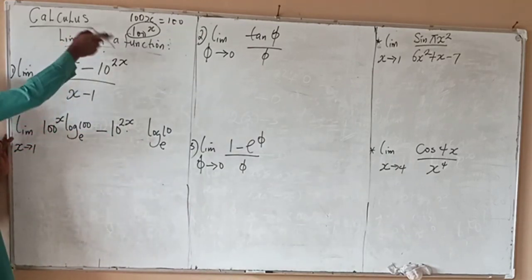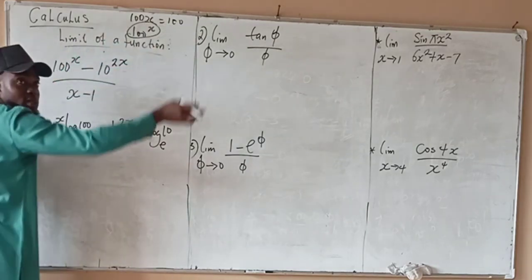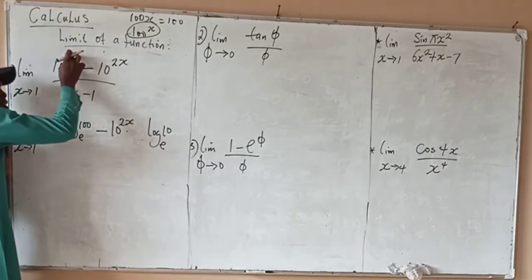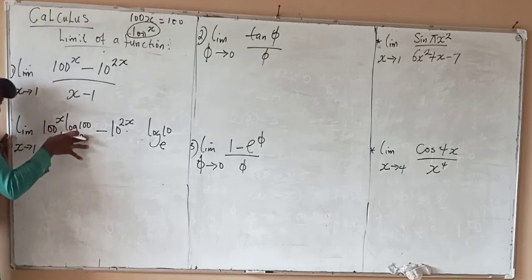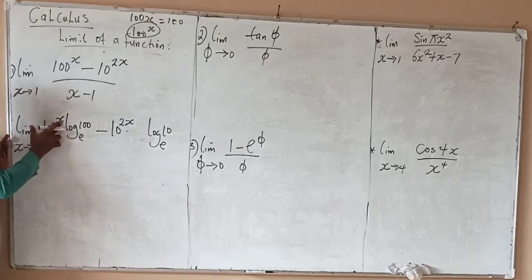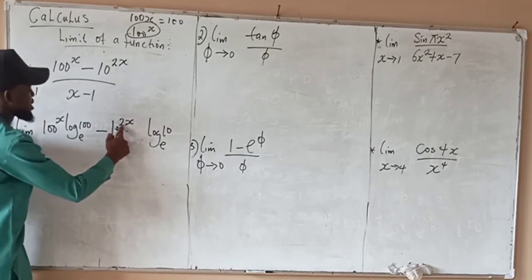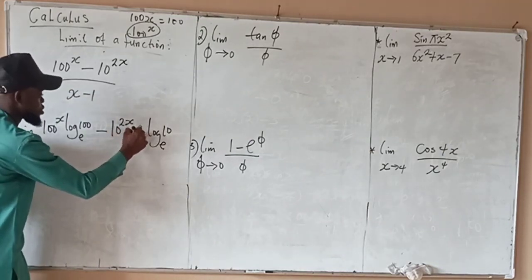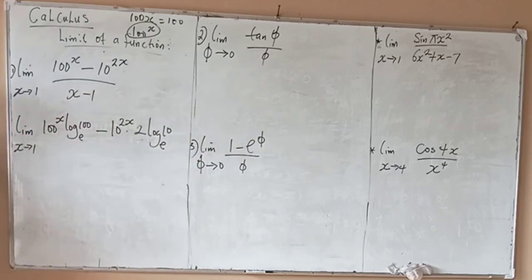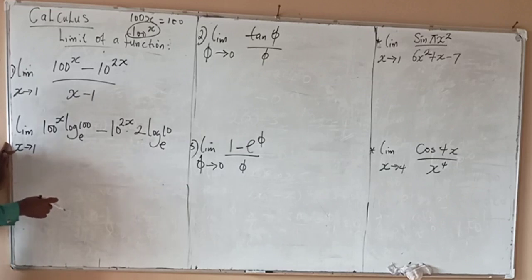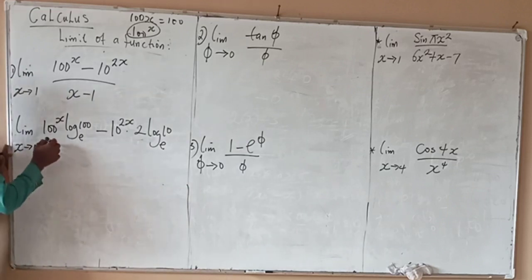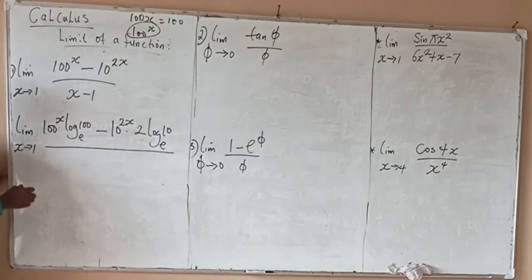But if the power is not just x, but x squared or 3x or x plus something, what you do is write out the answer like this, then differentiate the power and use it to multiply the log. So you differentiate this 2x, and you multiply the log. That's what you're going to do here. It's very, very important. The next thing I'm going to do, we're going to differentiate the denominator: differentiate x, you have 1, differentiate 1, 0.